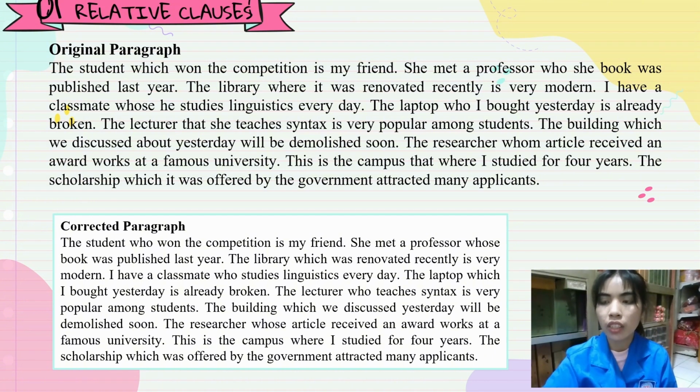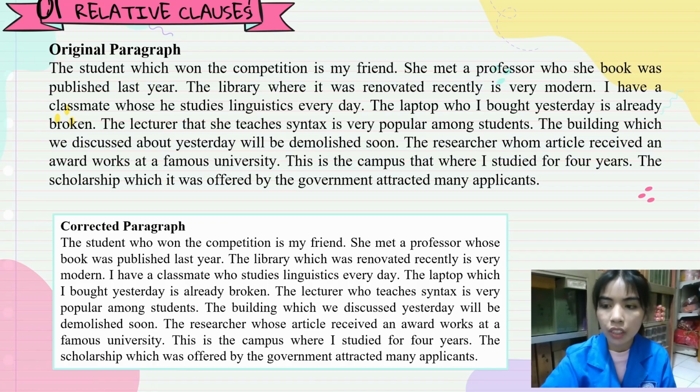Okay, next is the relative clause. The first paragraph is about relative clauses. This paragraph contains 10 grammatical errors related to the use of relative pronouns. The errors include incorrect relative pronouns, unnecessary pronouns, incorrect possessive forms, and incorrect sentence structure.